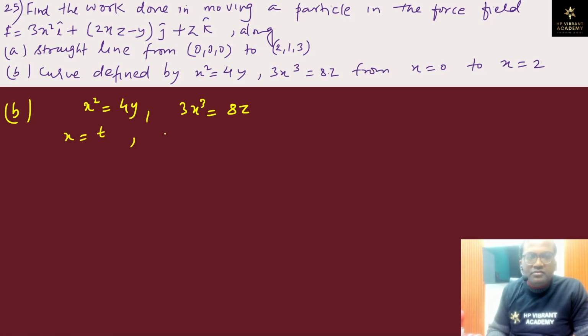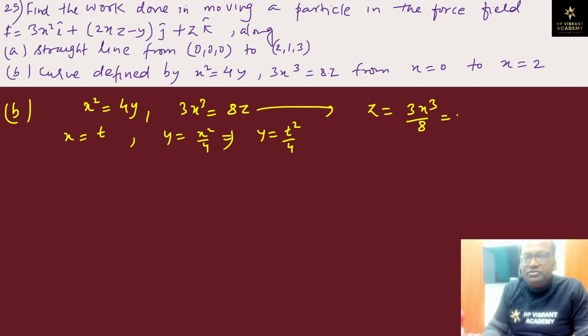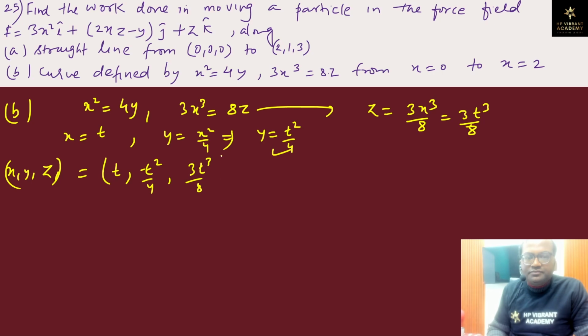So from here y is equal to x square upon 4, so y is equal to t square upon 4, and from here we have z is equal to 3x cube upon 8, so this is 3t cube upon 8. So in parametric form, x, y and z, we have x as t, y as t square upon 4, and z as 3t cube upon 8.